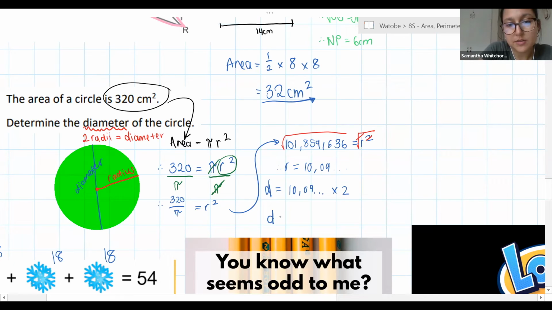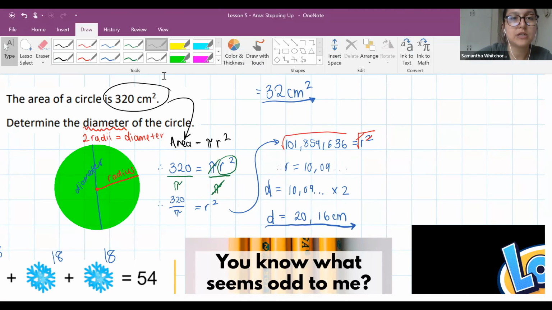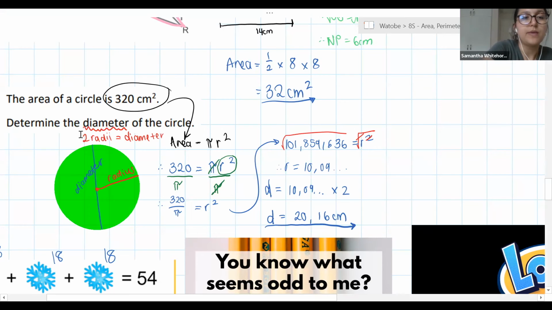And so the diameter of the circle is 20,16 centimeters. Again, this is a length, so it's not centimeters squared. It's just centimeters. I had to times it by 2 because 2 radii make up 1 diameter.